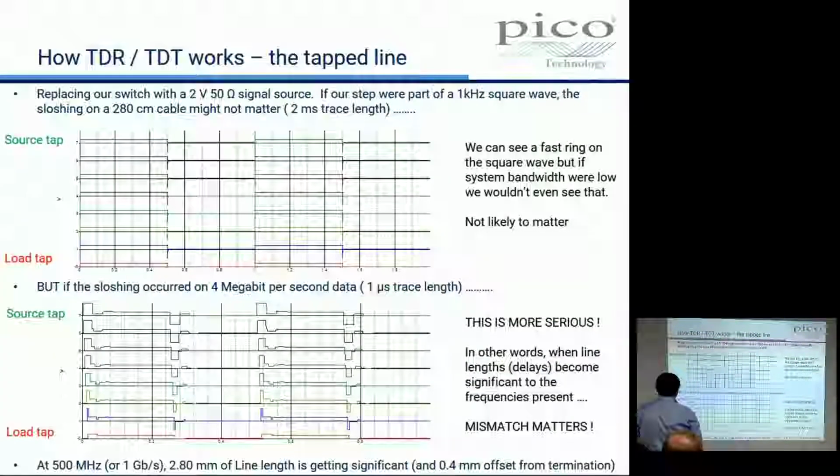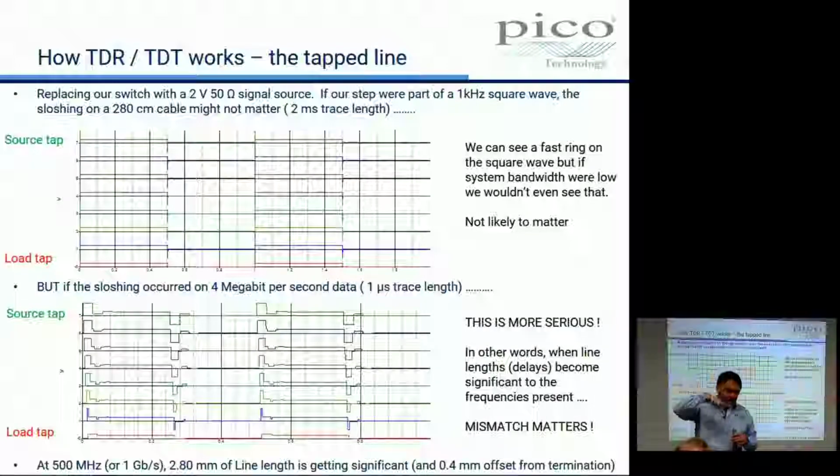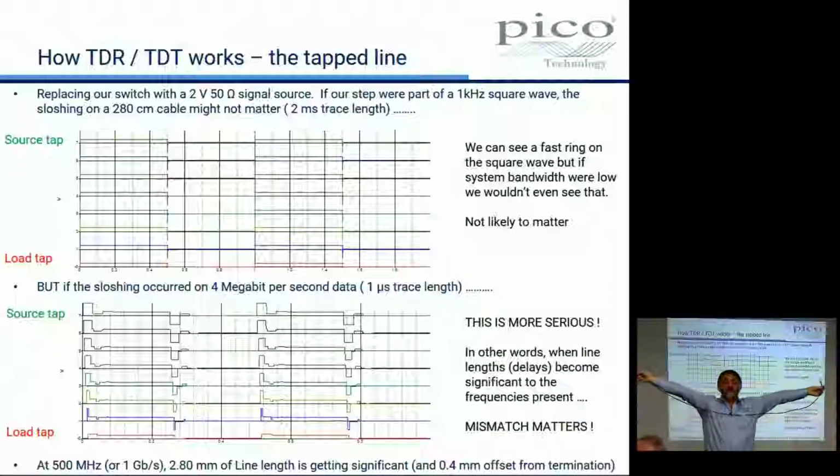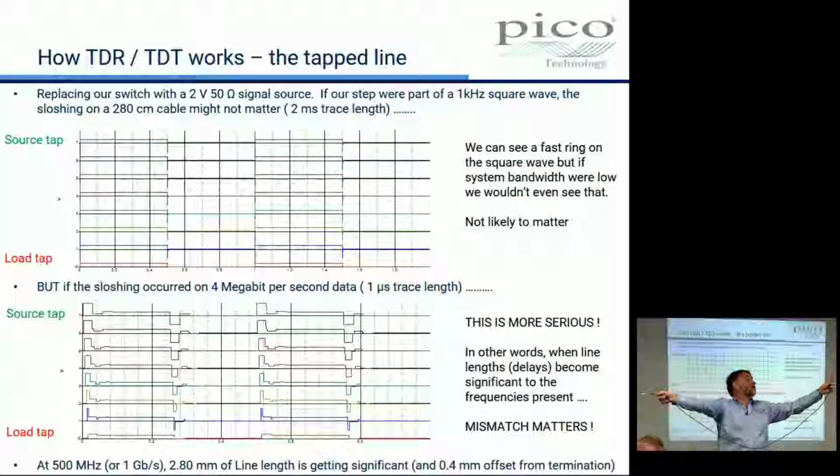All right. Now, why is this important? What I've done here, the little switch, we can now operate at a kilohertz, right? And I've put in a kilohertz waveform, and I'm looking at a kilohertz waveform at all the taps along the cable. Don't forget, this cable was only 14 nanoseconds long, right?